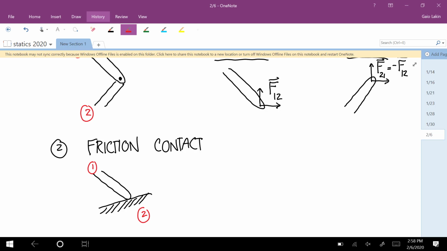And again, the way this works is, if you try to translate body 1 into the surface, that is impossible. That degree of freedom is eliminated. And if you try to slide it perpendicular to that first axis, the friction keeps it from moving. So there's a full vector of unknown forces. What about rotation? If you rotate it, the friction doesn't have any effect on that.